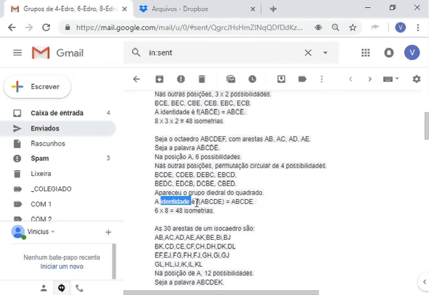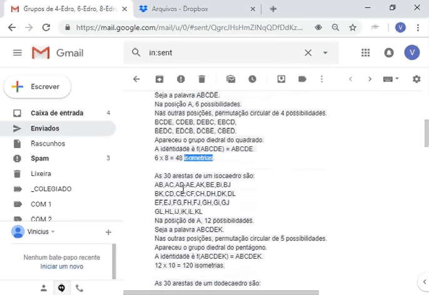The identity transforms ABCDE to ABCDE, but we need only 4 points to describe an isometry. Another time, 6 times the order of the dihedral group of 4, 6 times 8, 48 isometries.